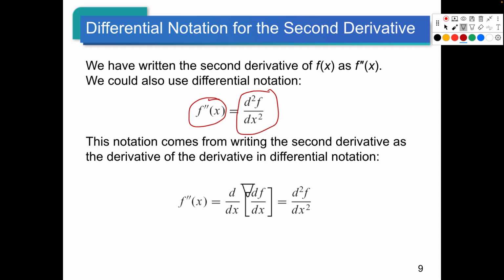They give a little explanation down here. You're taking the derivative, so we usually use dy dx, right? Here it's df dx, and when you take that derivative, you get a d squared on the top and 2 x's on the bottom.